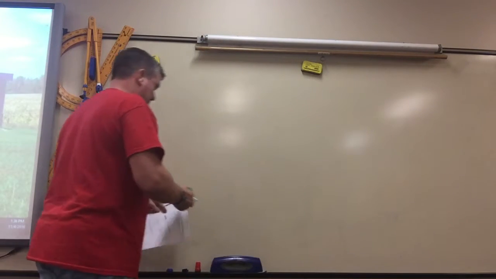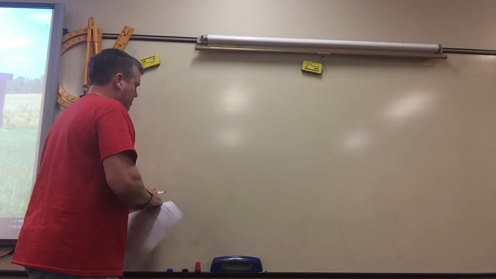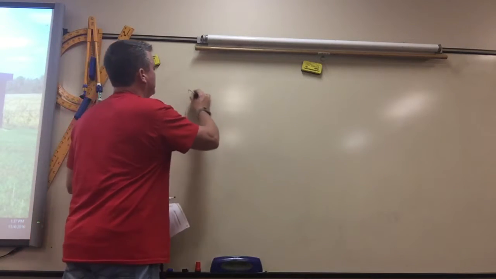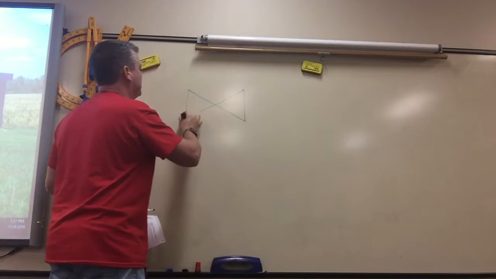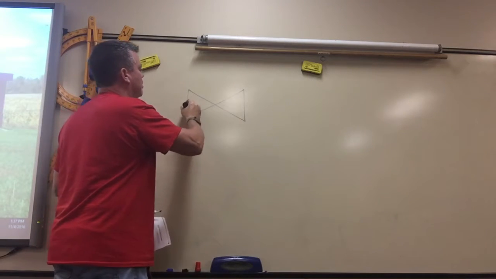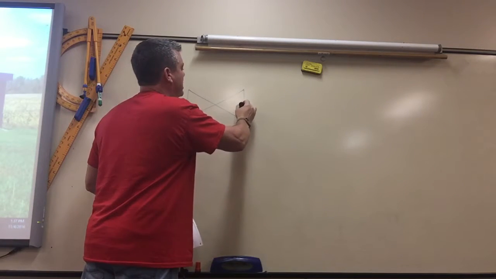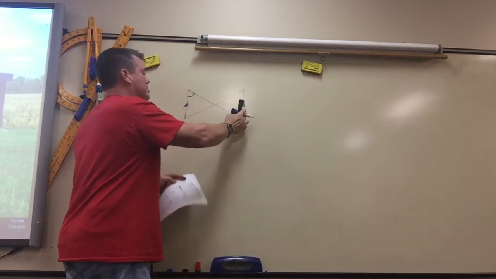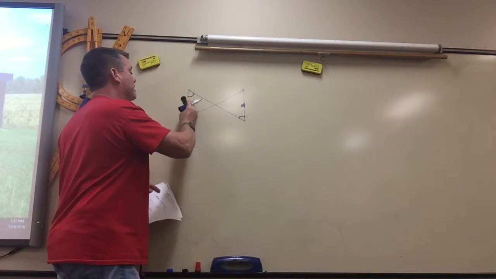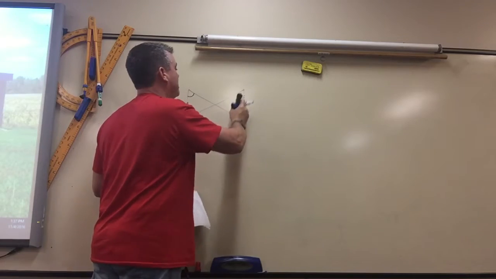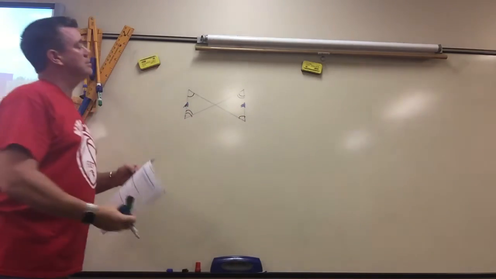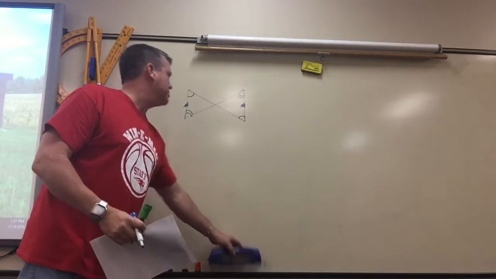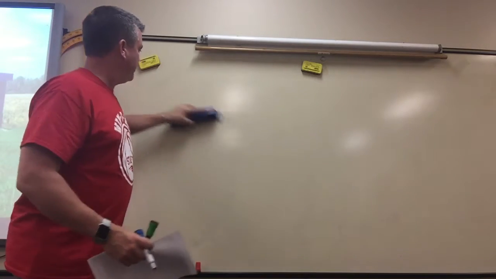Now sometimes you'll see these more often later in the chapter, but they'll put that these two sides are parallel, which means that this angle would equal that because they're alternate interior, and this angle would equal that, and then also vertical angles. But they'll be coming up later actually, but you'll see that a lot too.